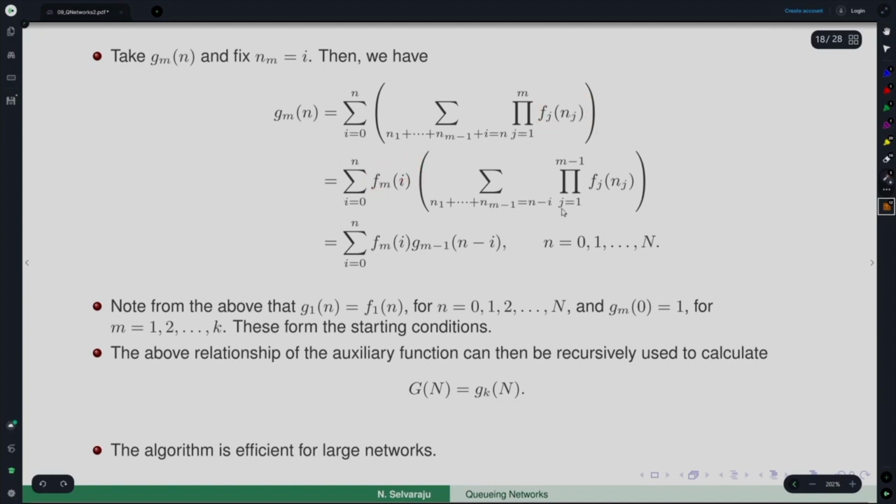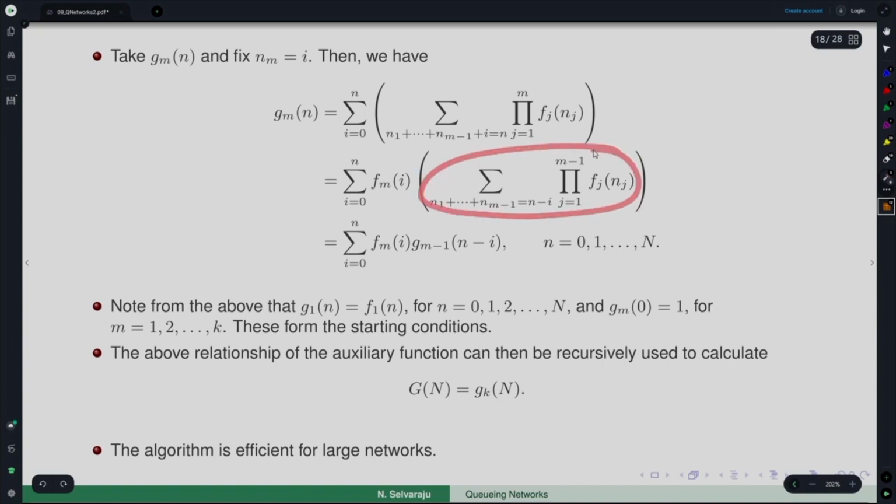The remaining product will be j equal to 1 to m minus 1 of fj of nj, and the sum n1 plus n2 plus ... plus n_(m-1) would be equal to n minus i, because you have assumed i customers are at the mth node. You have m nodes and n customers in total, out of which if I allocate i customers to the mth node, the remaining n minus i customers will be distributed among the remaining m minus 1 nodes, and that is what gives you this.